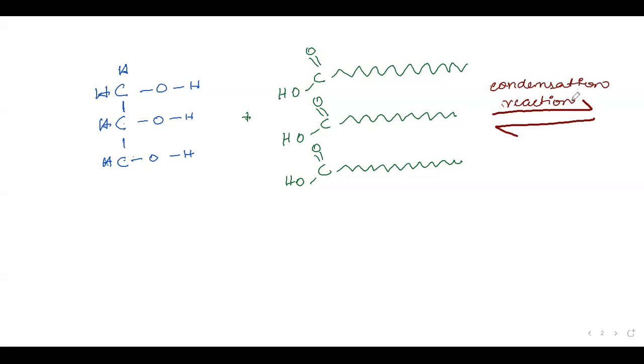The OH from the alcohol and the hydrogen from the fatty acid will combine with each other, and this will happen in all three of the groups. A bond will form between the glycerol and the fatty acid. And this is what the bond is going to look like.